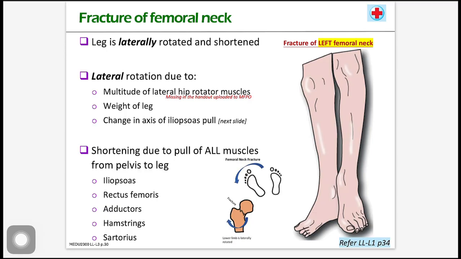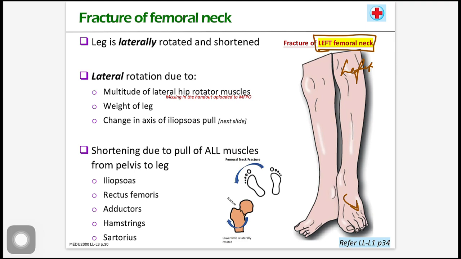Which one is the problematic one? The left one. So we have the left femoral neck fracture, and you see that the leg is rotated a bit laterally and shortened. If you're really good at anatomy, then you can explain why.